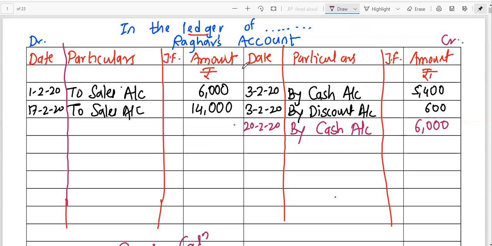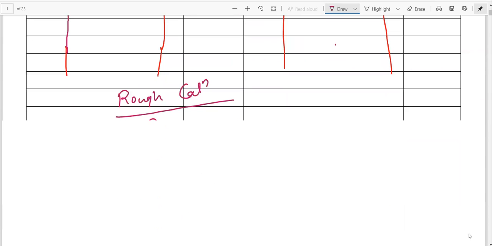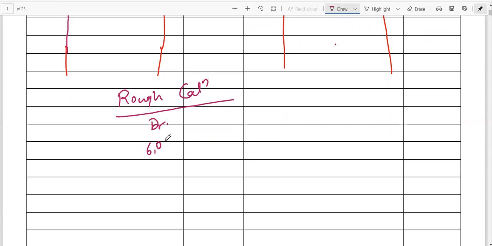Write down all the amounts in the debit side. Yes, 6,000 and 14,000. Tell me the total of the debit side. This is rough calculation. You are not doing this in the proper solution or notebook.